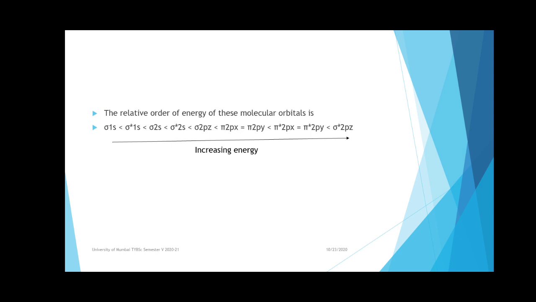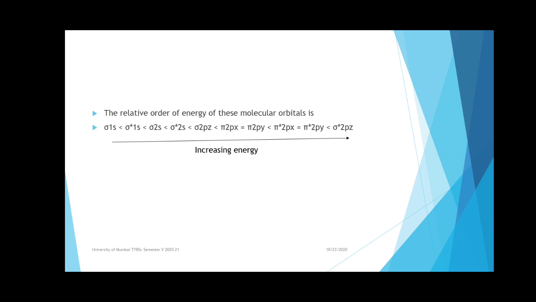Now the relative order of energy of these molecular orbitals is written as: lowest is sigma 1s, then sigma star 1s, then sigma 2s, then sigma star 2s, then sigma 2pz, then pi 2px. But remember here pi 2px and pi 2py both have the same energy, because they are formed in the same manner.